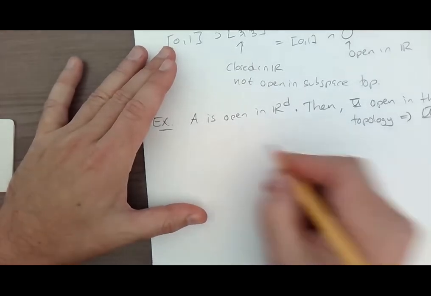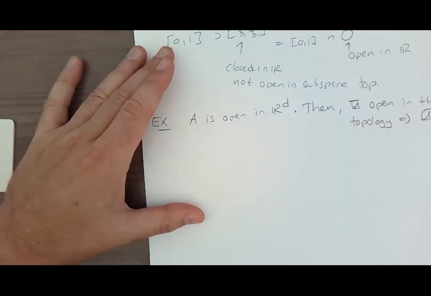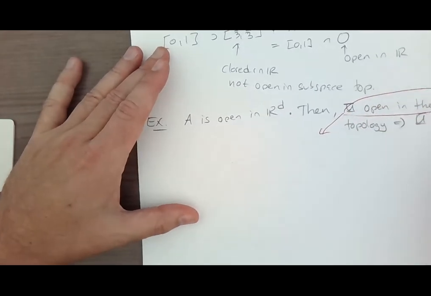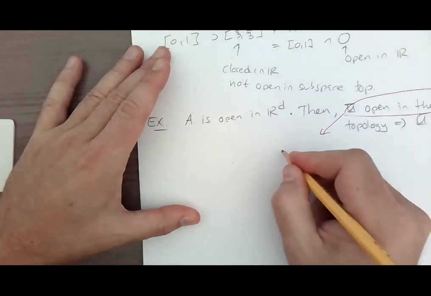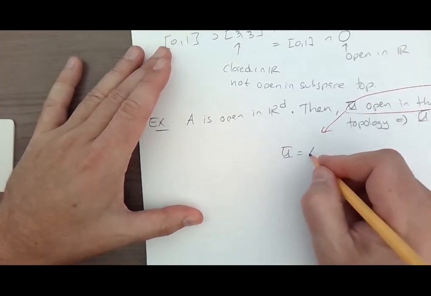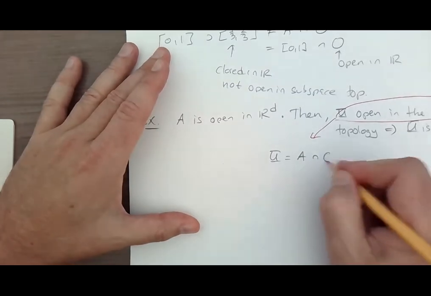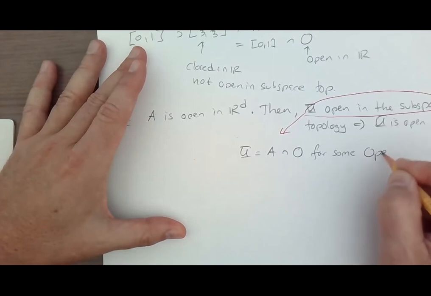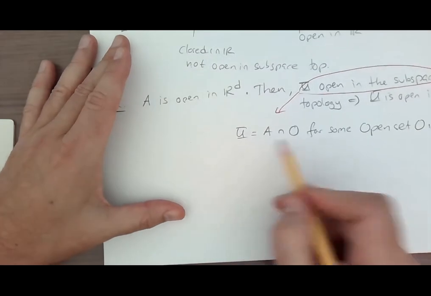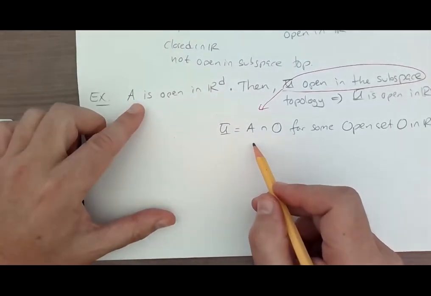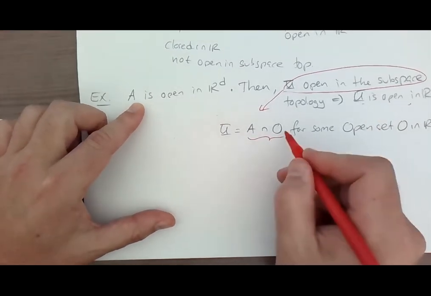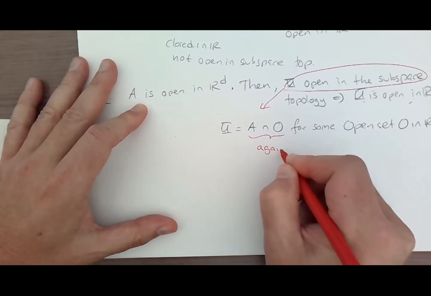Because you write the property that says U has the form U is equal to A intersection O, for some open set O in R^d. Now we take an intersection of two open sets. So we use that A is open, and this is an intersection of two open sets, which is again open.